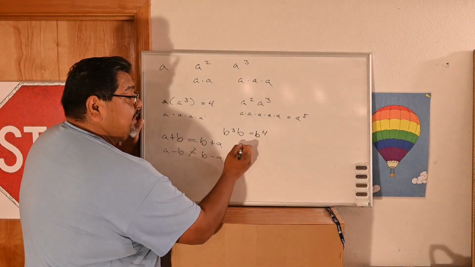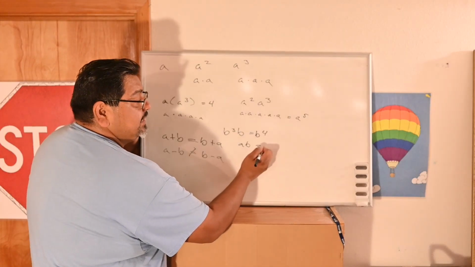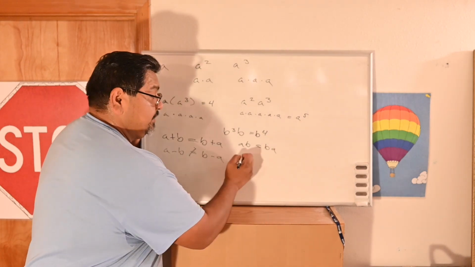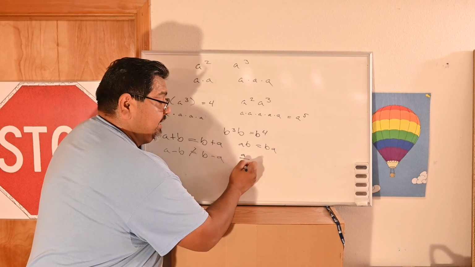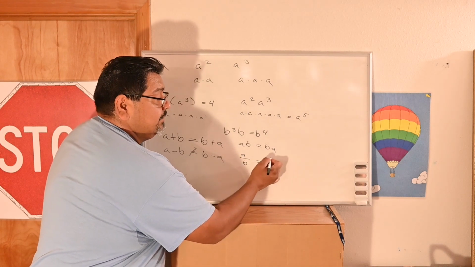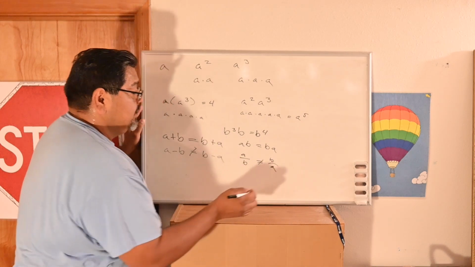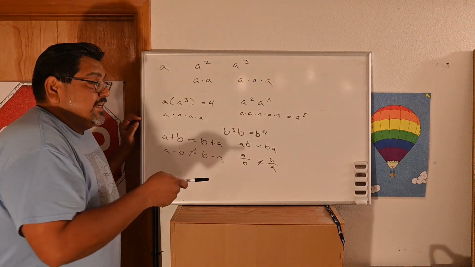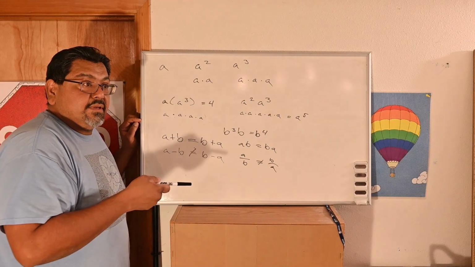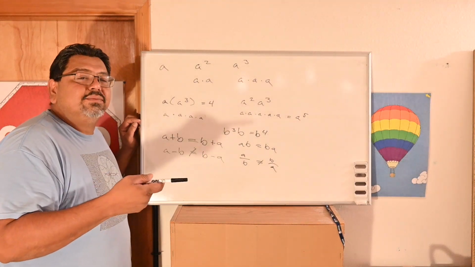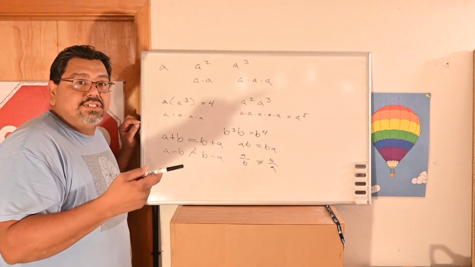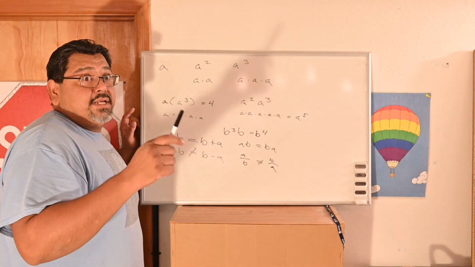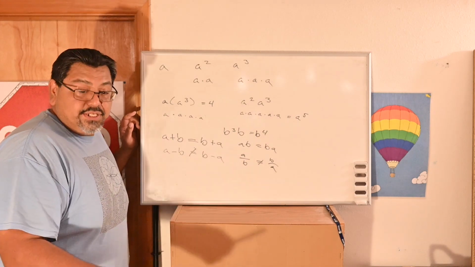Multiplication, a times b does equal b times a. Division, no, a divided by b does not equal b divided by a. So those are some things that you really got to be careful with because it comes in handy. That's what leads you to PEMDAS, which is parentheses, exponents, multiplication, division, addition, and subtraction, our order of operations.